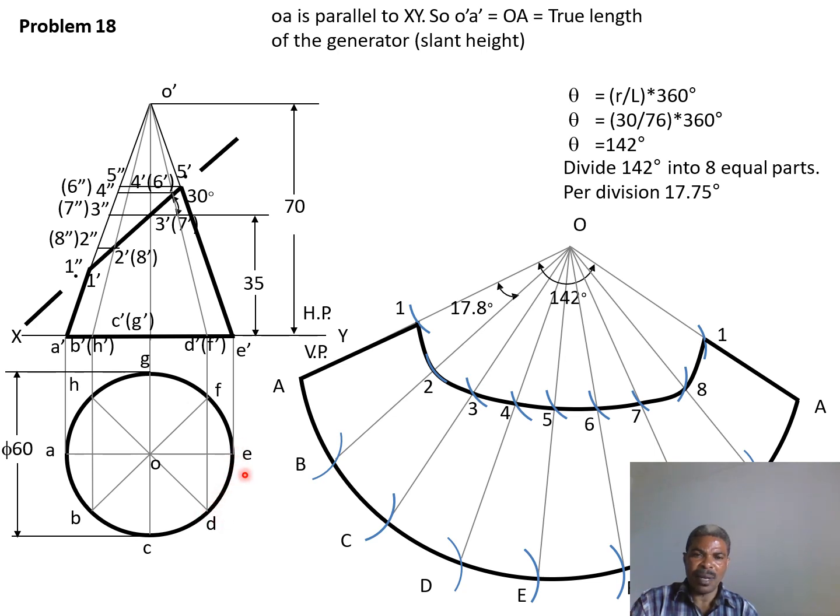The space on our plan, that is A to B, is capital A to B. From A to B in smaller letters, now it is in capital letters A to B. But the angle, when you come to the angle, is 17.8, if at all it was correctly computed here. That's how one can come to obtaining this development. 35 was obtained because you are told that it is bisecting the axis. So to bisect means it cuts at the center.